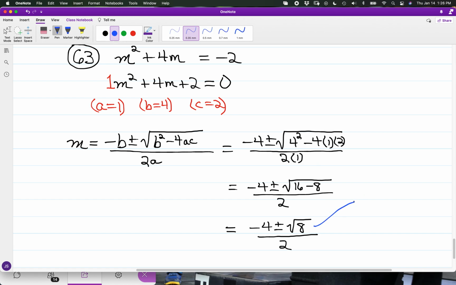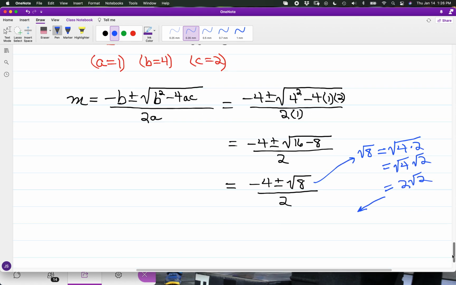With the square root of 8, the highest perfect square divisible into 8 is going to be 4. And the square root of 8 becomes the square root of 4 times the square root of 2, so this is going to be 2 times the square root of 2.